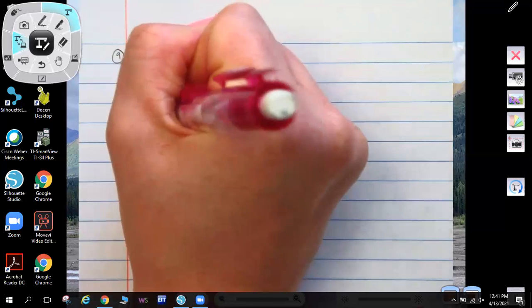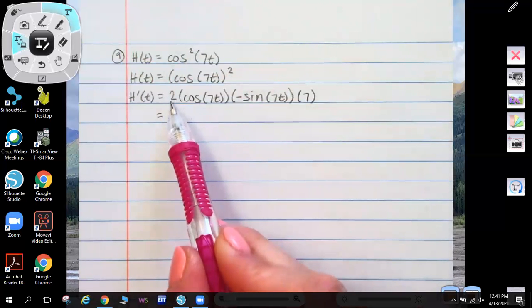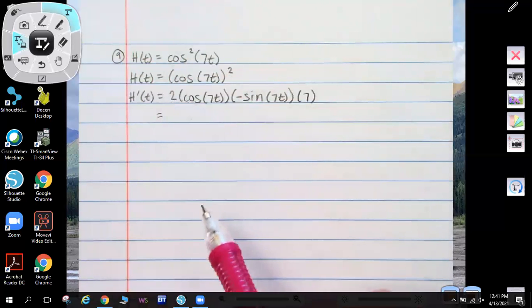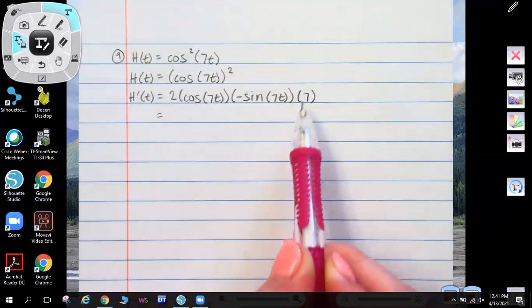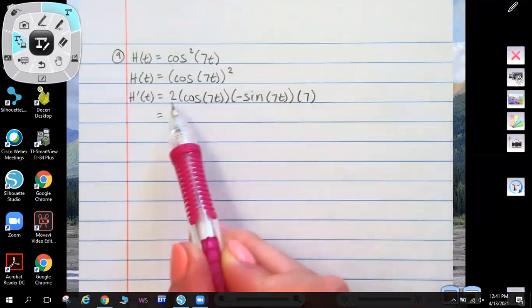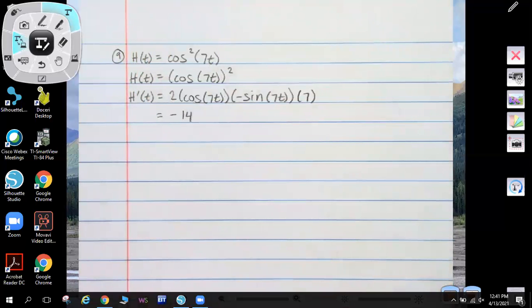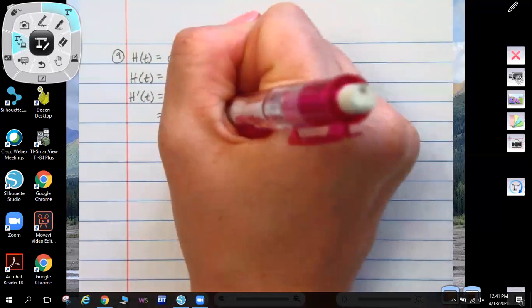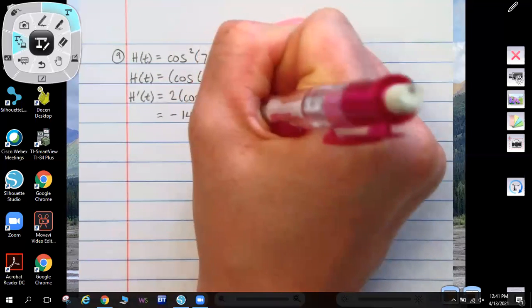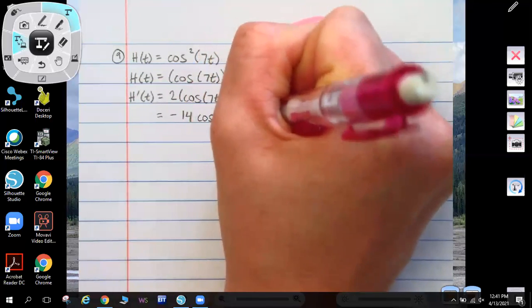So if we simplify this a little bit, we have a +2 times a positive cosine times a negative sine times 7. That's going to be a negative 14 cosine of 7t, sine of 7t.